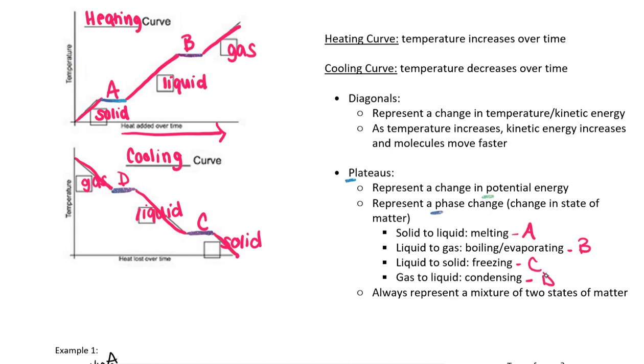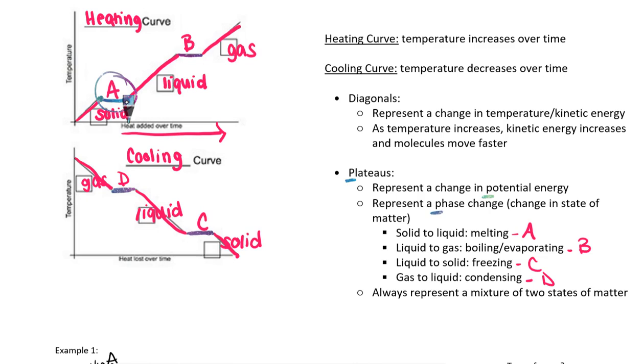Anytime we have a plateau, we're going to have a mixture of 2 states of matter. If we look at this plateau where it's melting, right here, the substance is going to be 100% solid. By the time we get to the end of that segment, it's going to be 100% liquid.